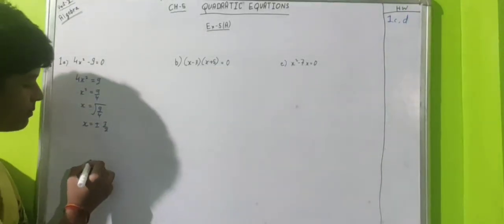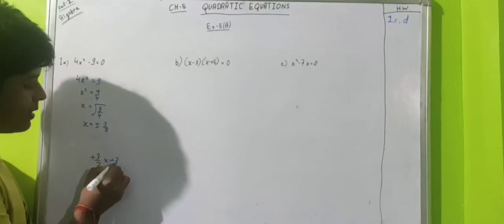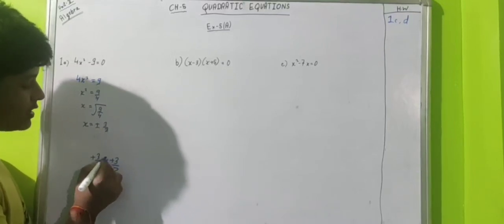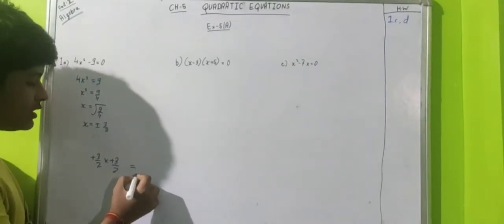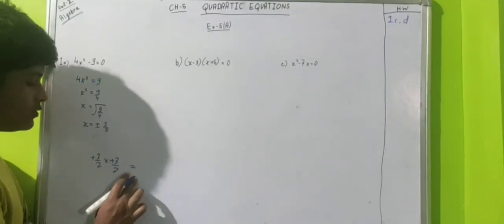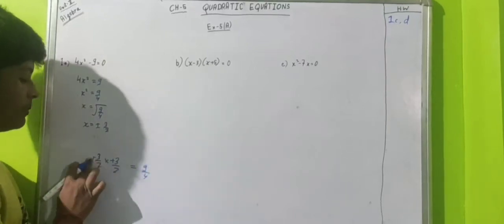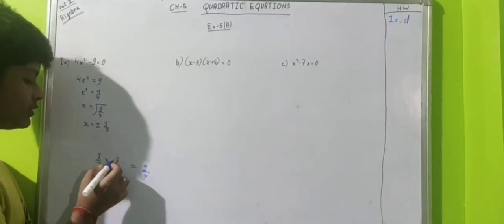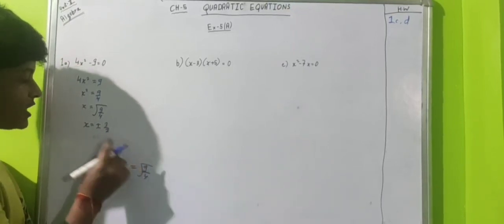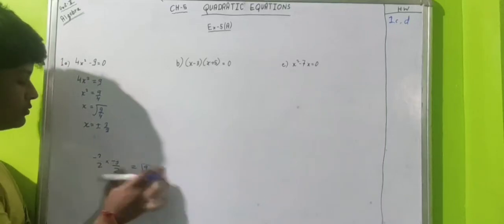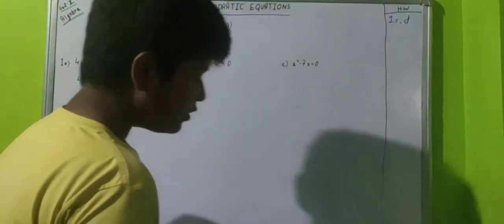Means if we root plus 3 by 2 into plus 3 by 2, then plus will give plus, it will be plus under root 9 by 4, positive. But if we put negative here, then also the answer will be positive. So that's why it can be positive also or negative also. So here option number 4 is correct.